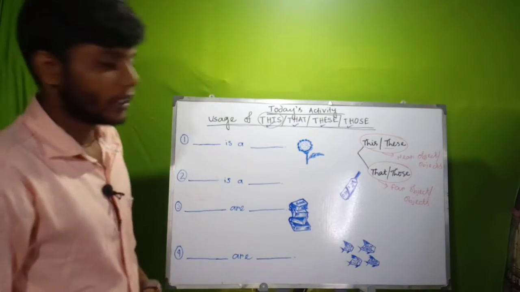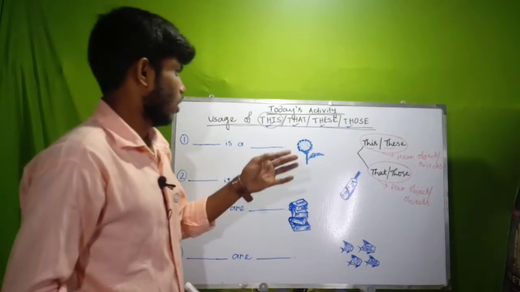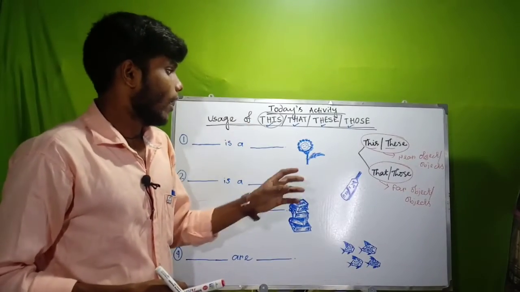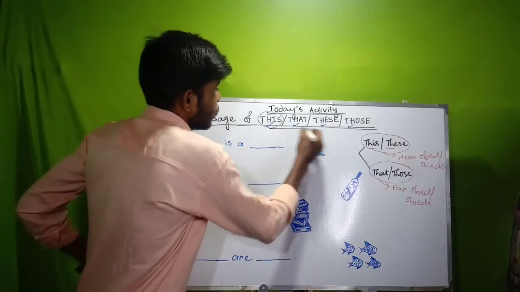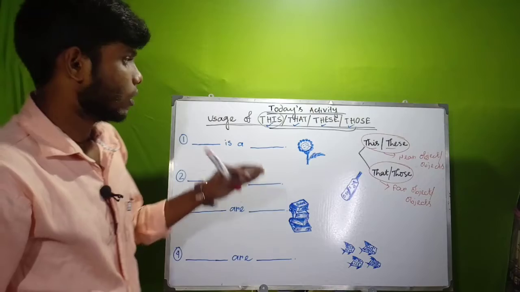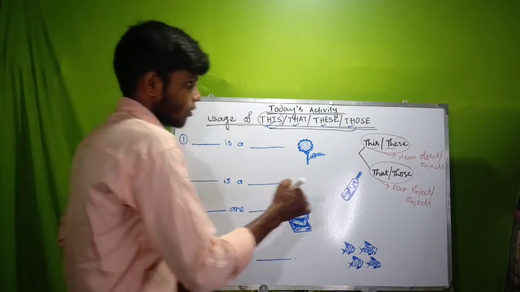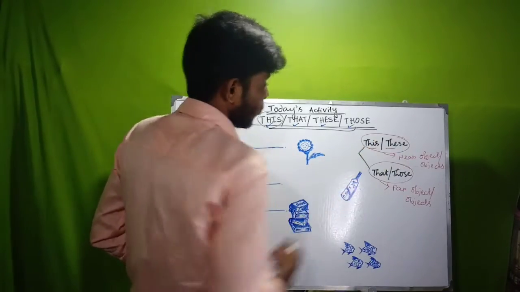So at first, we have learned where we place down the four subjects. I write down a few objects on the board.